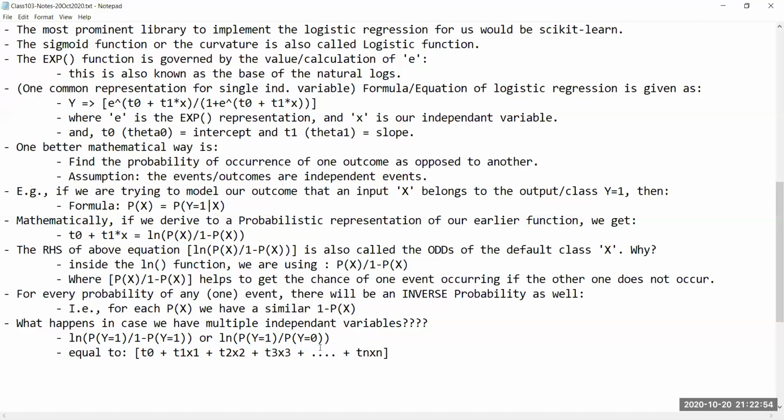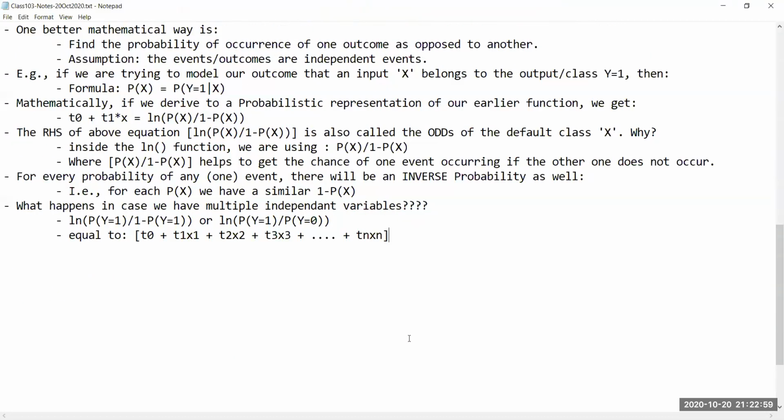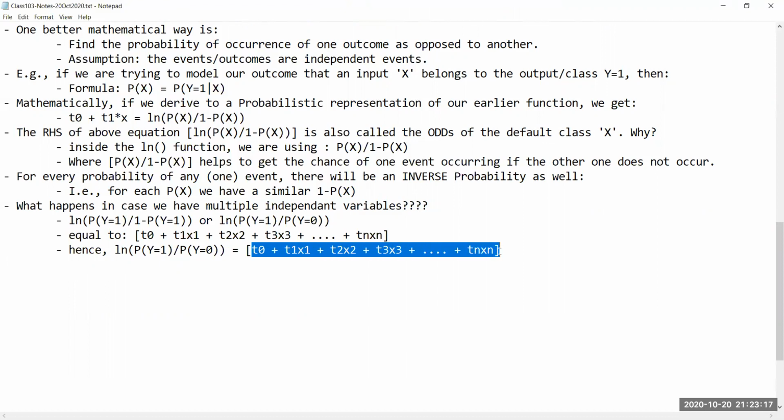So in other words, I'm simply trying to represent this thing over here as equal to this equation over here. If I am doing this, then irrespective of how many thetas or how many x's there are, I will still get the output quite easily, although I just have to calculate the probabilities for each and every x.